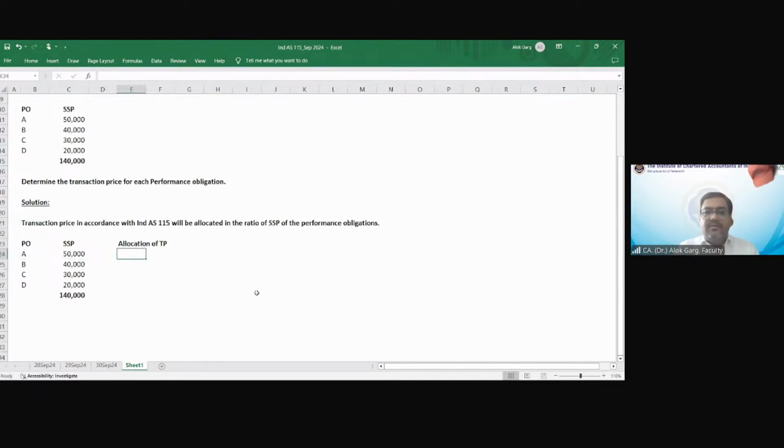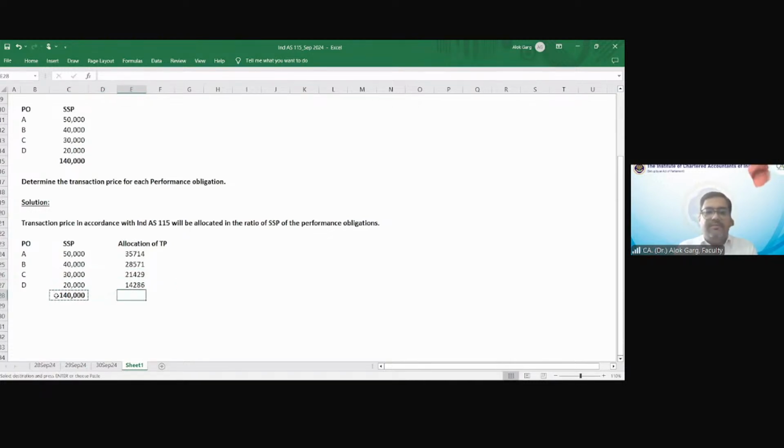Correct? So how is it going to be allocated? What is my transaction price? 1 lakh rupees, multiplied by 50,000, divided by 1,40,000. Again, same, divided by 1,40,000.